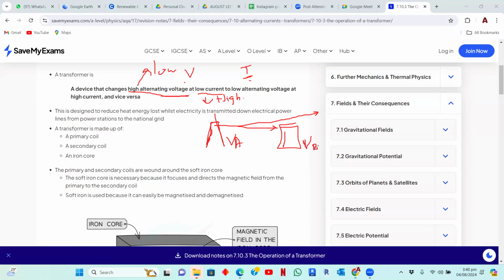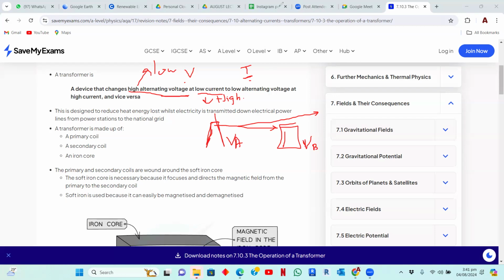Obviously you cannot supply this entire voltage to a house. Appliances have a certain voltage rating, and if you supply more voltage, they're going to burn. It'll burn the appliances. So it's very important that you quantize these values and supply the values of current and voltage that are needed.